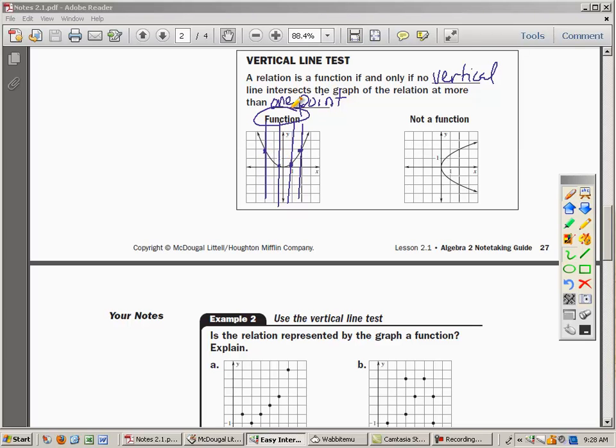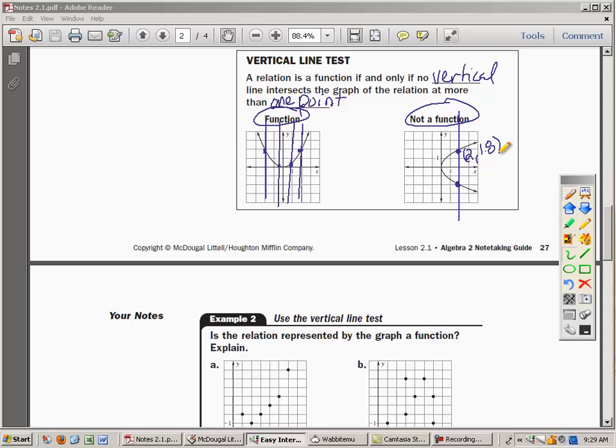In the next example, you'll see this is actually what we call a hyperbola. When I draw a vertical line through this graph, you'll see that it intersects it in two different places. And so because of that, this is not a function. Now, what about that picture makes it not a function? Well, let's look at these two values here. This happens to be the ordered pair 2, 1.8-ish.